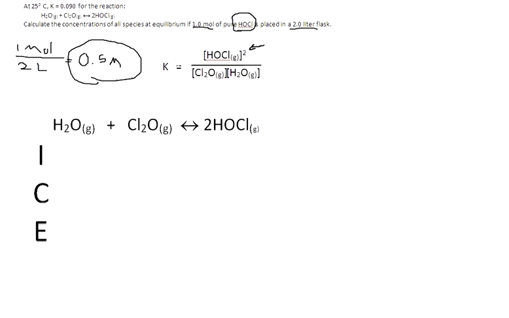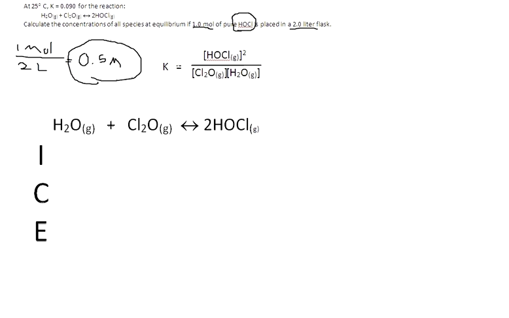That's because it has a 2 there in the equation. So it is squared in the K equation. Down below we have both of our reactants multiplied by each other. So that's our K equation. Go ahead and write that down.